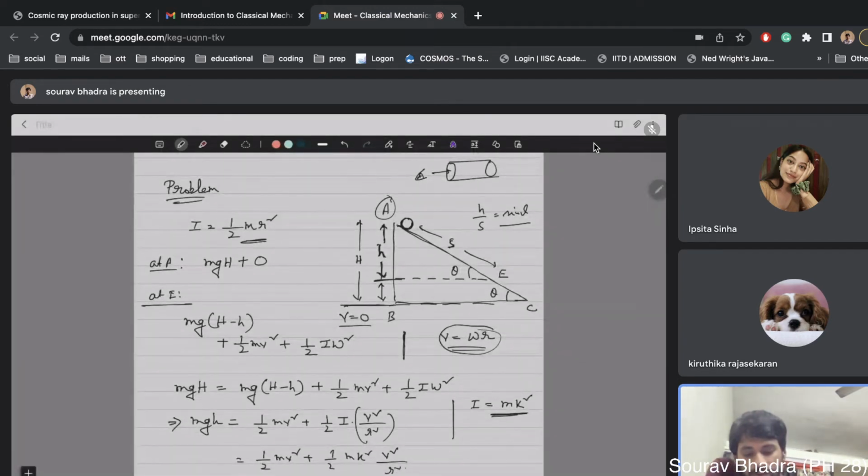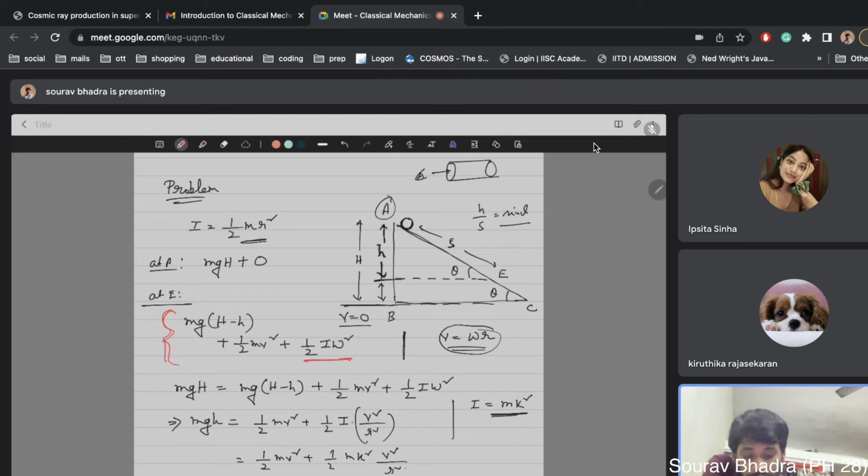So in which section does our concept of rotational energy and moment of inertia come in? That is the main important section here. You need to know the rotational energy.